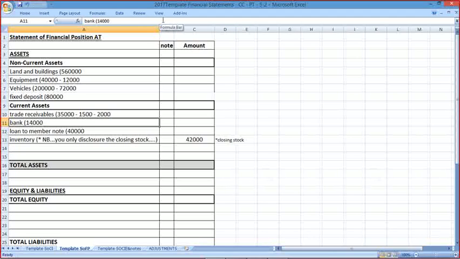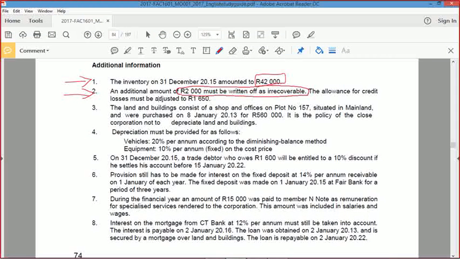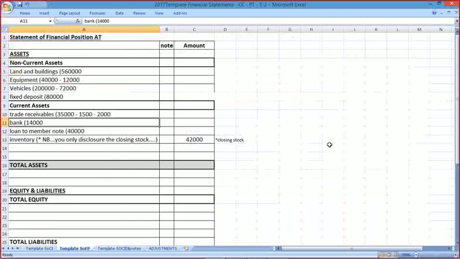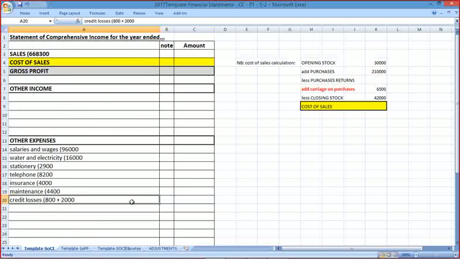So the current trade receivables is -2,000. Correct, on your financial position. And the other side is credit losses in the statement of comprehensive income, +2,000, of course.